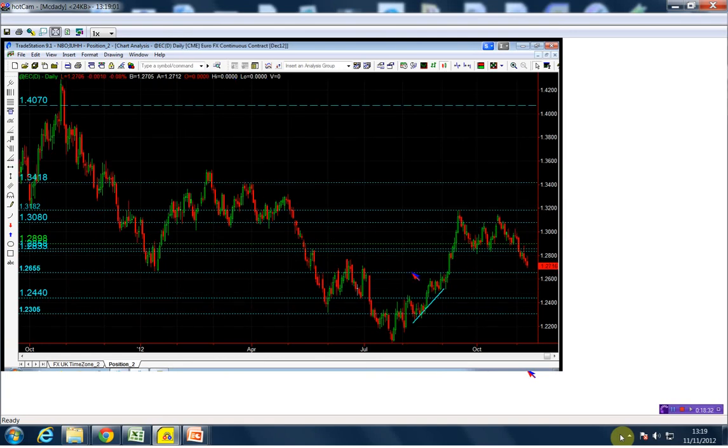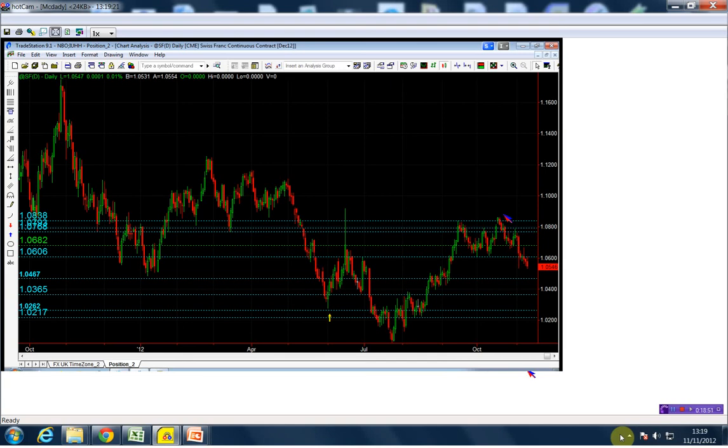The short answer is that here in the euro you have a failure to make a higher high, and then you have a structure break below the structure, so you have a trend change. In the Swiss, it actually put in a higher high, so you don't have a trend change in the Swiss. You have a pullback or a major retracement in the Swiss.